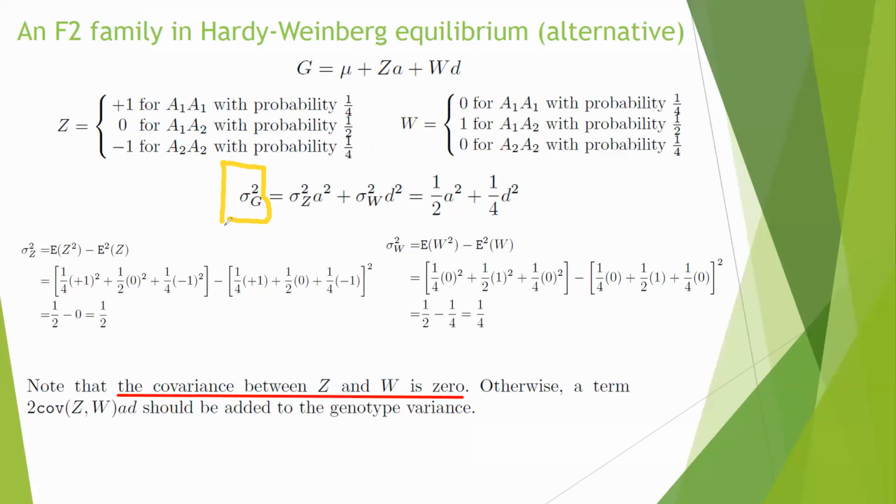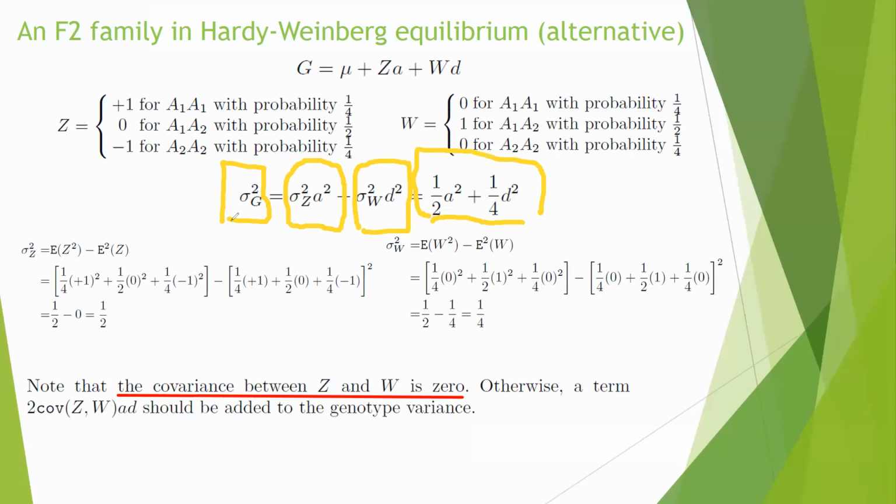So we know the genotypic variation is the sum of the variance due to the additive effects and the variance due to the dominance effect. And this is how we calculate the variance, right? And if you plug this in, then you immediately get this answer.